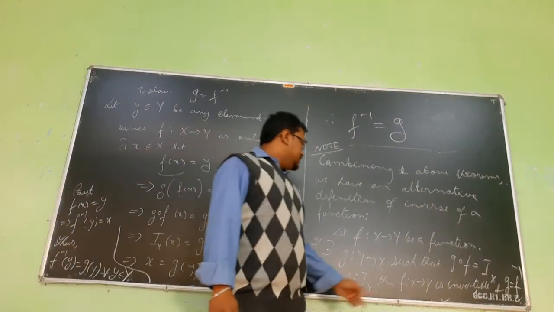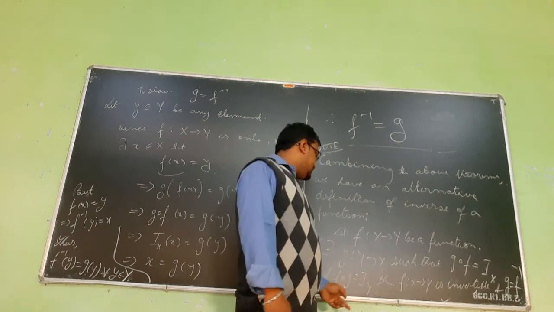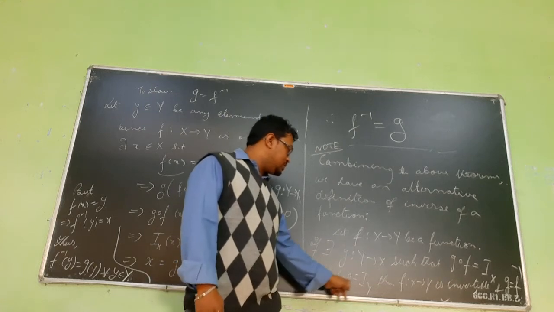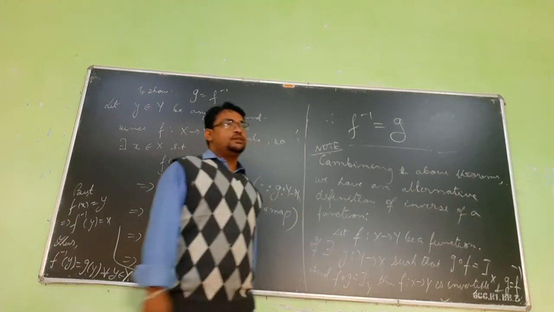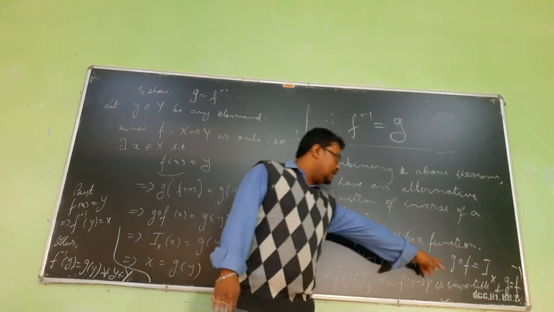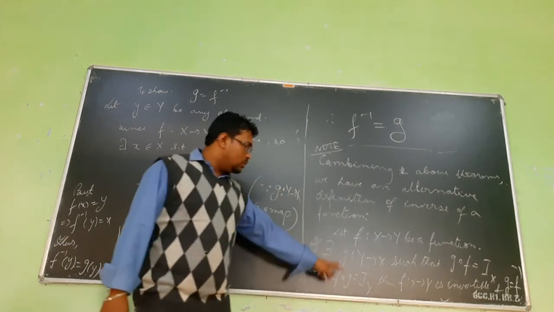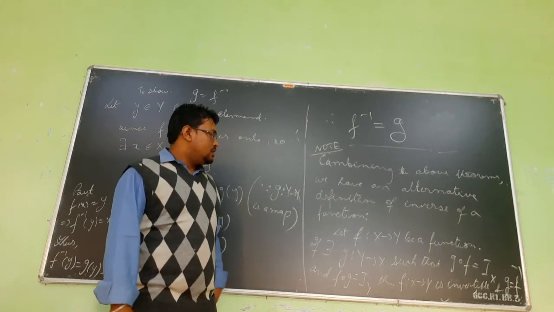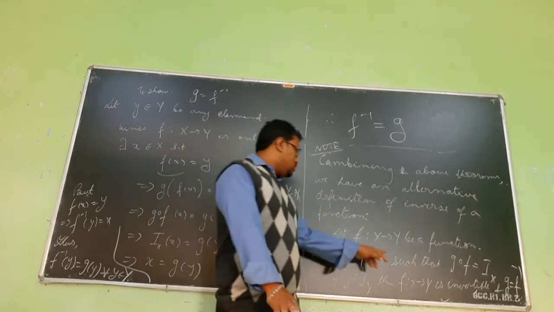It means if you are able to find a function g which satisfies GOF equal to I_X and FOG equal to I_Y, both should be satisfied. There are functions which may satisfy one of them, but actually both should be satisfied. Only then you can say that g is the inverse. So let f from X to Y be a function.